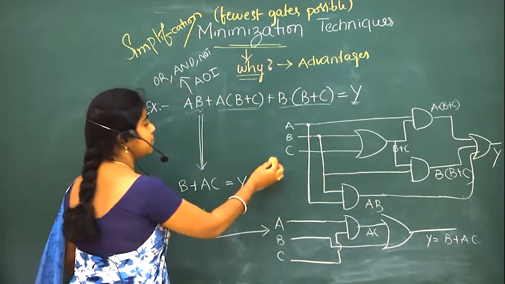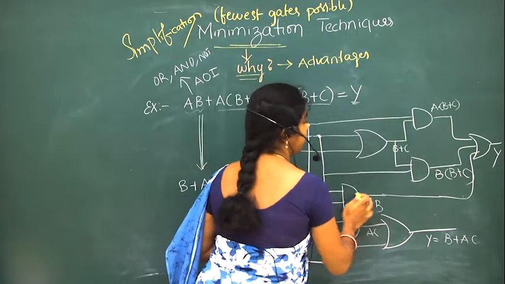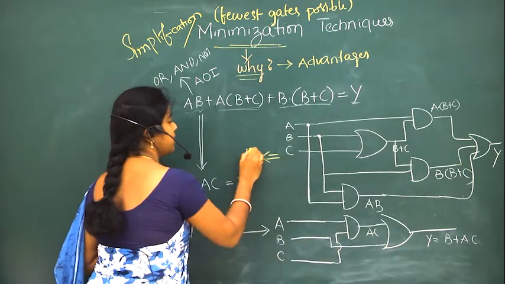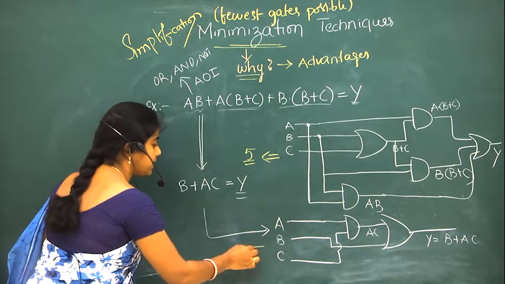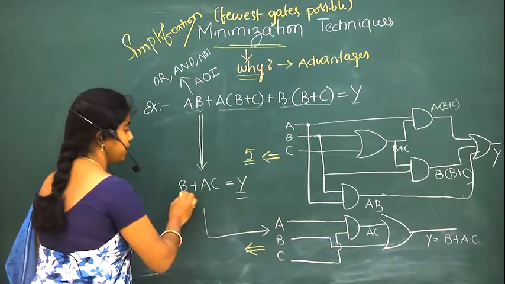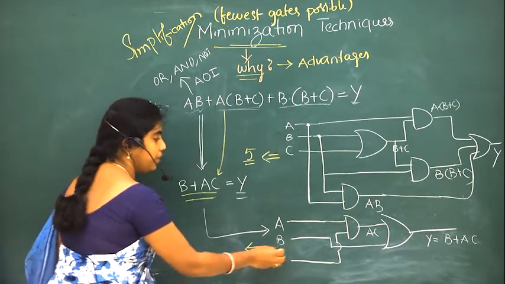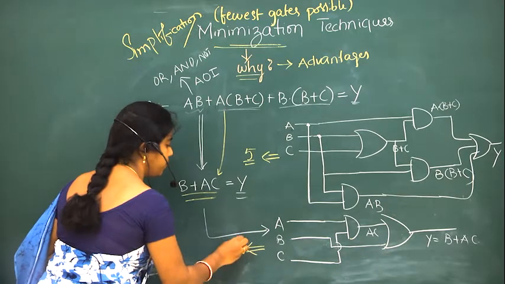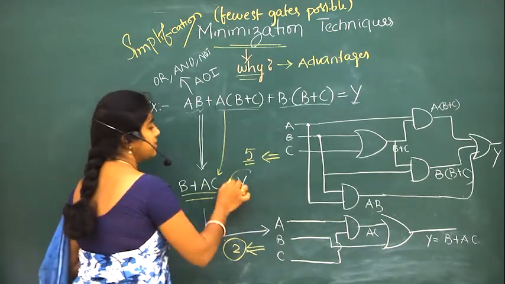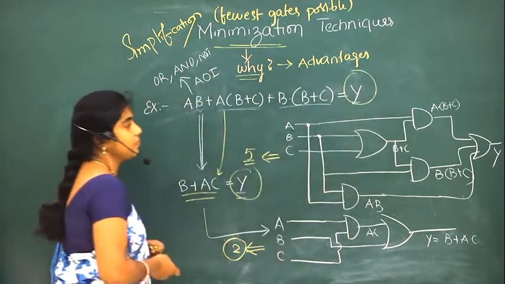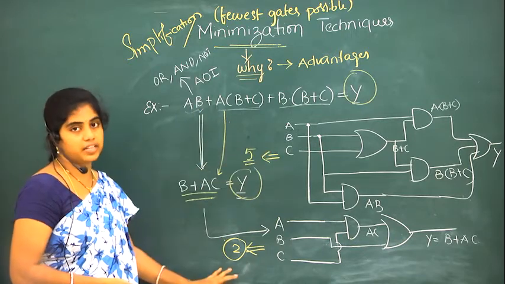See, in the first case we have used 1, 2, 3, 4, 5, 5 logic gates to implement the given expression. In the second expression, which is equivalent to this expression, we used only 2 gates to implement the given expression, and both the expressions are giving same output, Y. So first expression uses more gates than second expression.